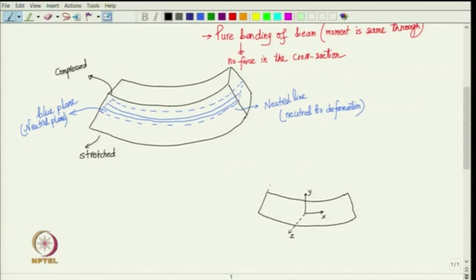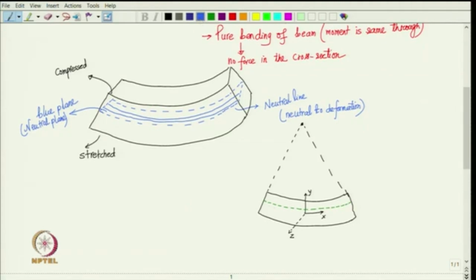So, that circle has its center somewhere over here, okay. And let us take a longitudinal line which is at a distance y above from the neutral line. Okay.